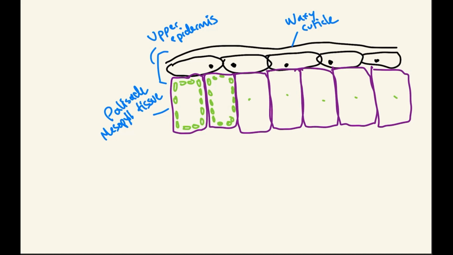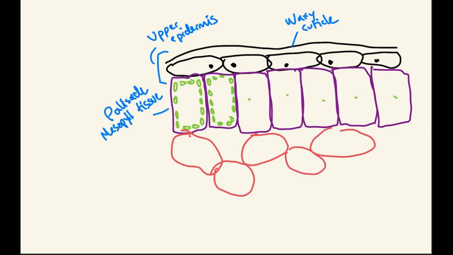They have lots of internal air spaces, and this is also for a specific reason that we'll get into later. So these don't look regular like the palisade mesophyll. They have lots of space in between them. But these are also, as plant cells, have chloroplasts in them, but not as much as the palisade mesophyll tissues.